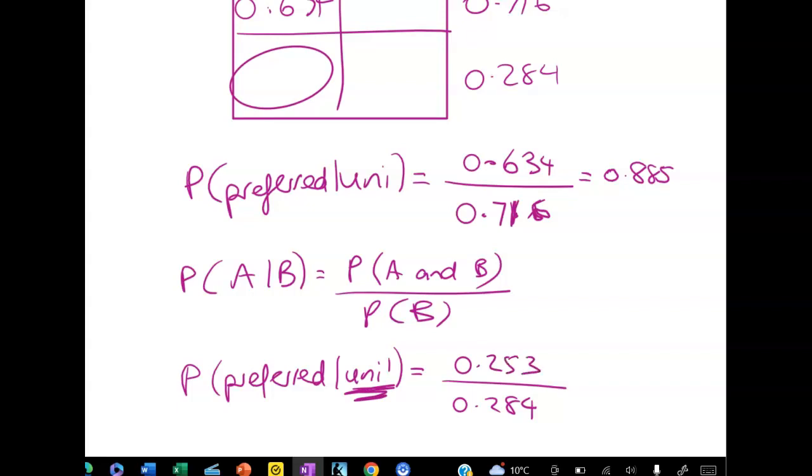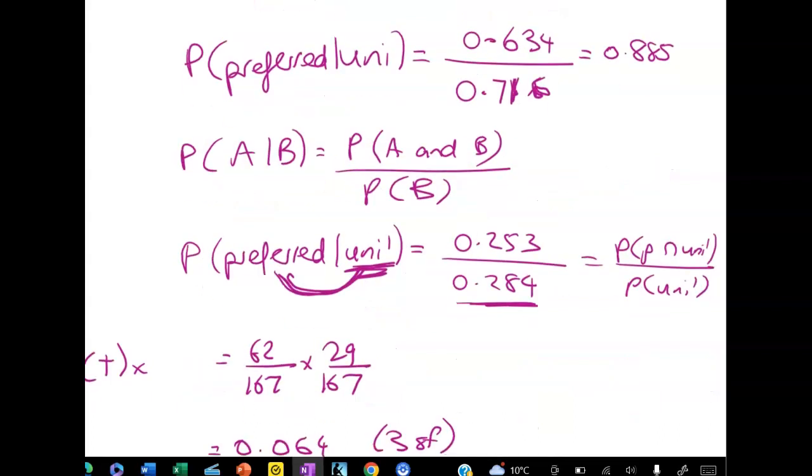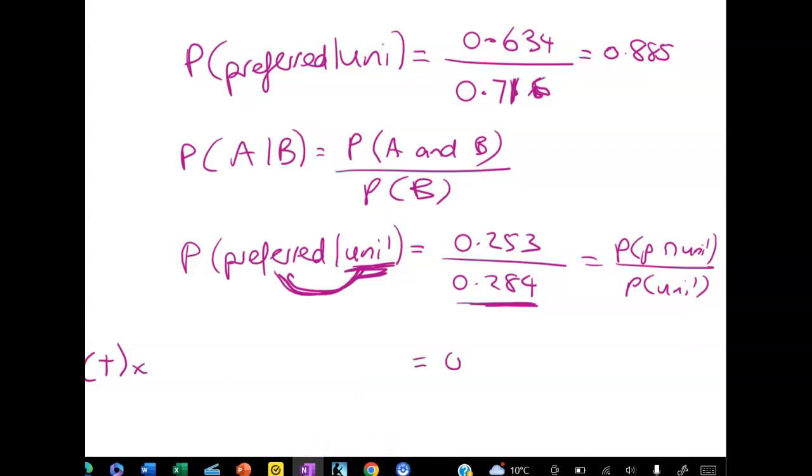So the top number is the probability of both of these things. The bottom number is the probability of not going to uni. Now, when you calculate that, we get almost exactly the same number. Chuck that in your calculator and you'll get 0.891.